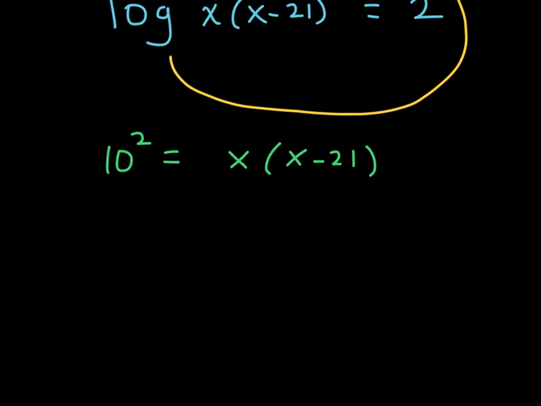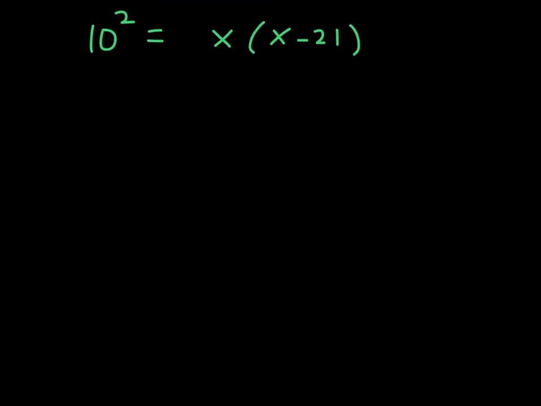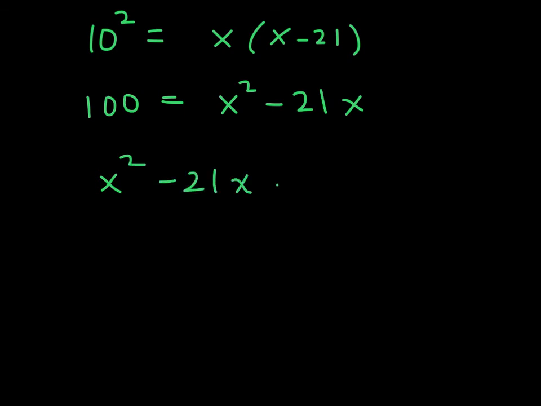This resulting equation is going to be quadratic because you're going to have 100 is equal to x squared minus 21x. Because it's quadratic, I'm going to subtract 100 from both sides so that I can set this equal to 0. You can use the quadratic formula, you can try to complete the square, or you can try to factor.